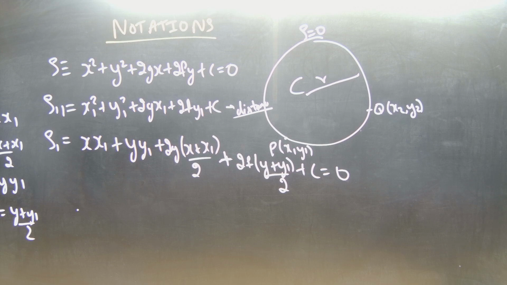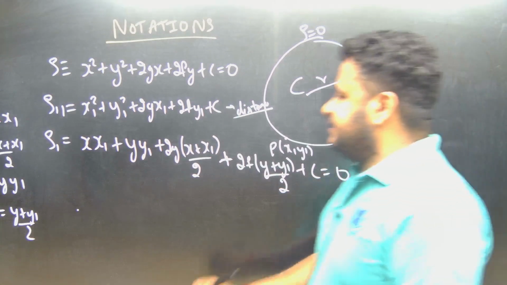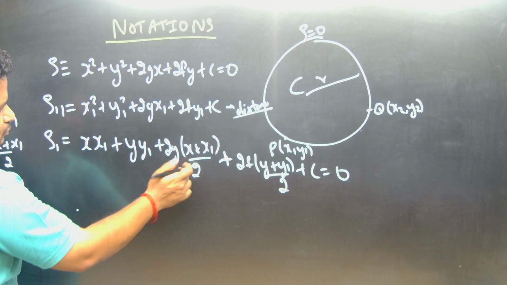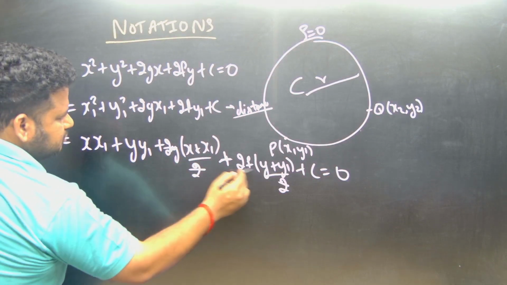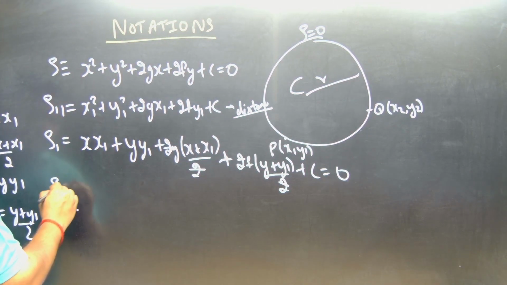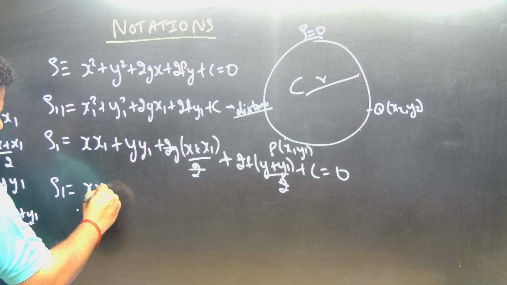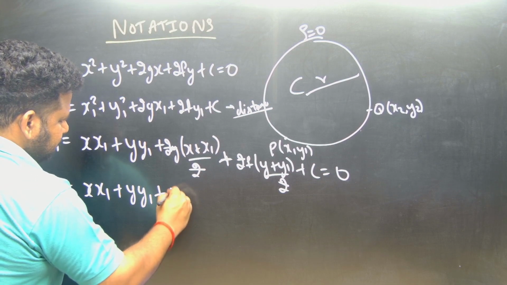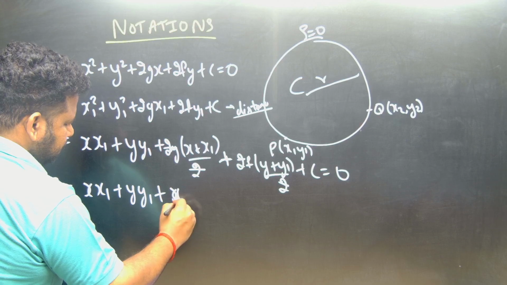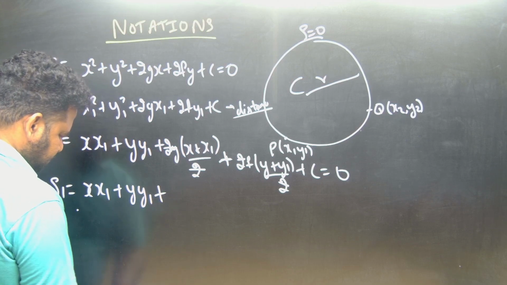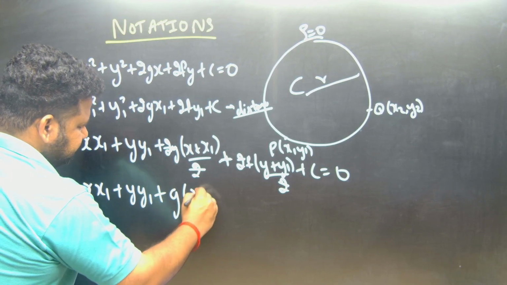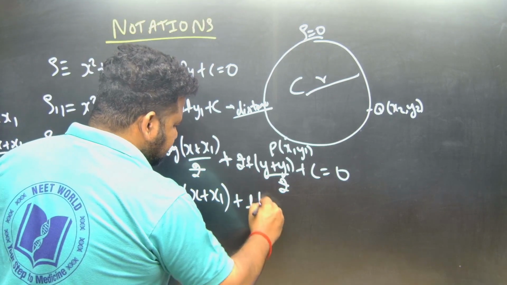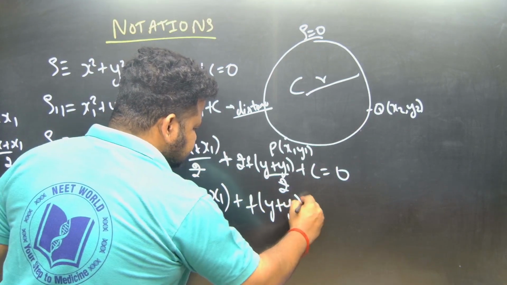Now, you can further simplify this. Because 2 is there, I can cancel. Here also 2 is there, I can cancel. So S1, I can simply write as xx1 plus yy1 plus g into x plus x1 plus f into y plus y1 plus c is equal to 0.